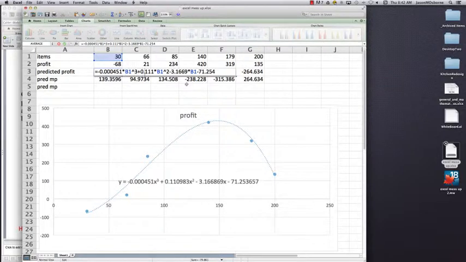I will just switch these numbers, 0.110983, and I would suggest maybe 5 to 6 decimal places. Minus 3.16666869. These little errors can actually have big effects, as we are seeing.